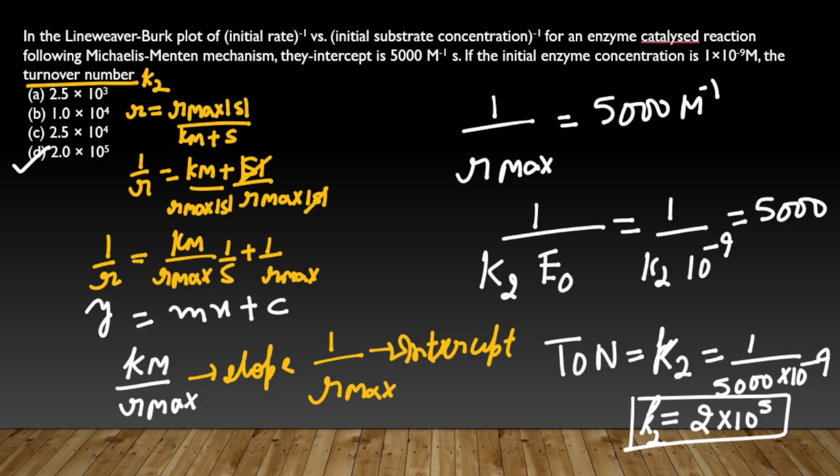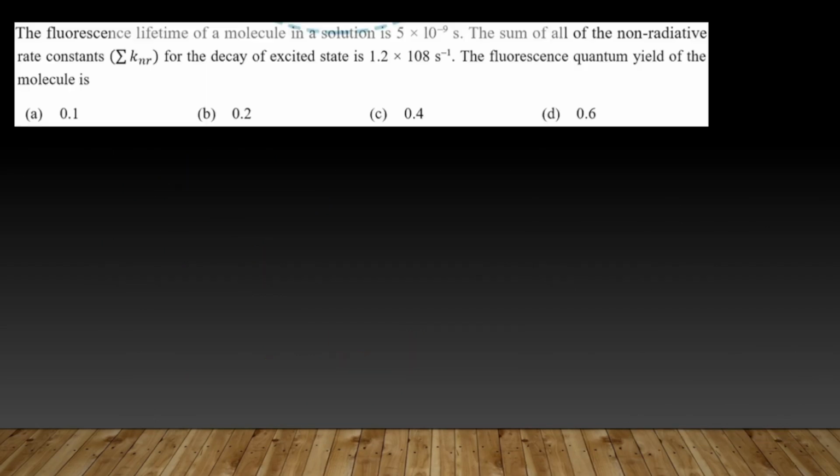Okay. Moving on to the next one, we have this question. It says the fluorescence lifetime of a molecule in a solution is this much. The fluorescence lifetime, tau f, is given to us as 5 into 10 raised to the power of minus 9 seconds.